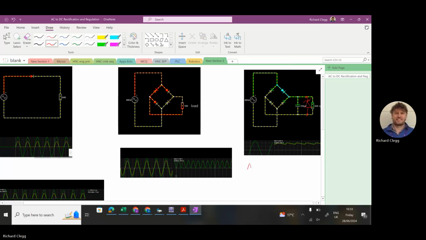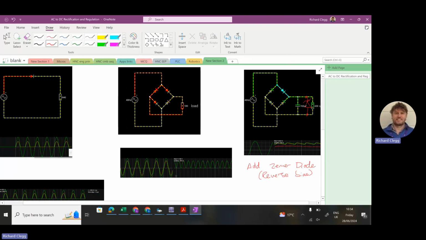A Zener diode in reverse bias effectively clamps the waveform underneath that ripple in the voltage. So you'd end up clamping it underneath.